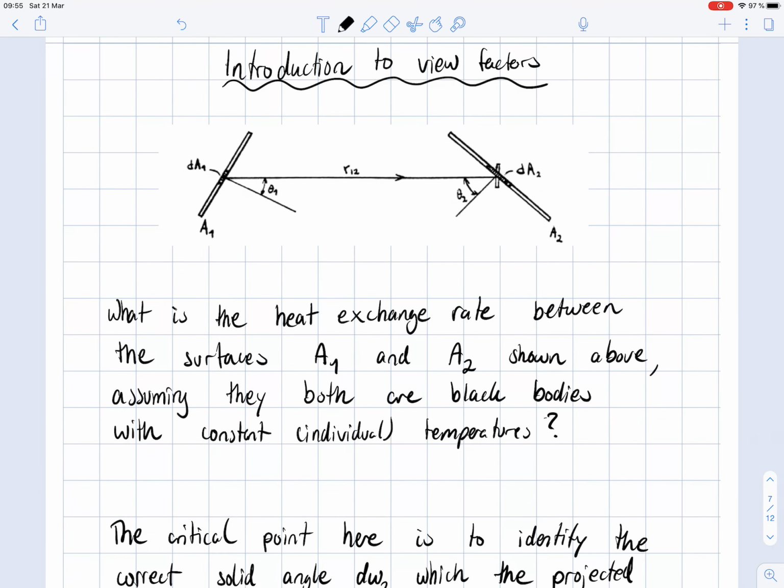So that leads us to the final part of this lecture, which is an introduction to view factors.